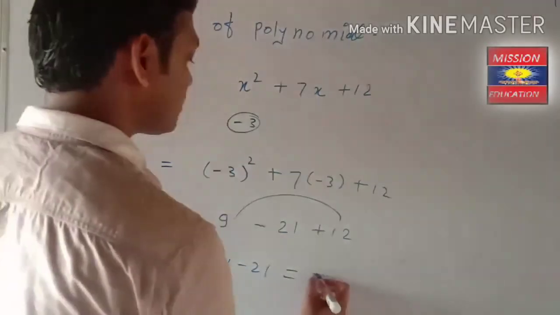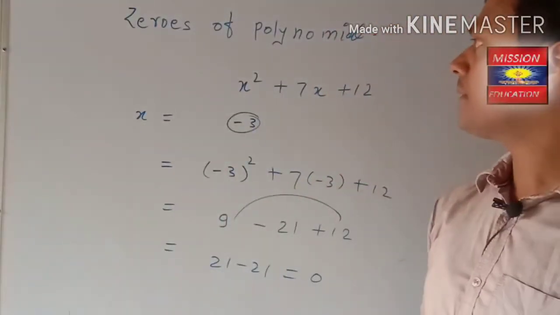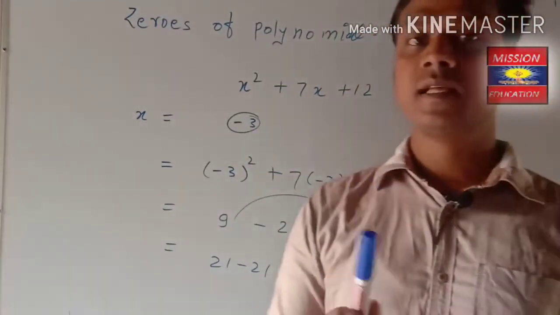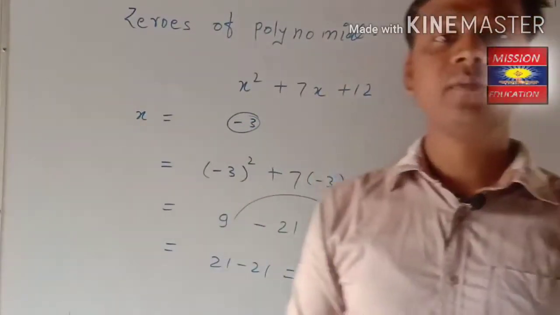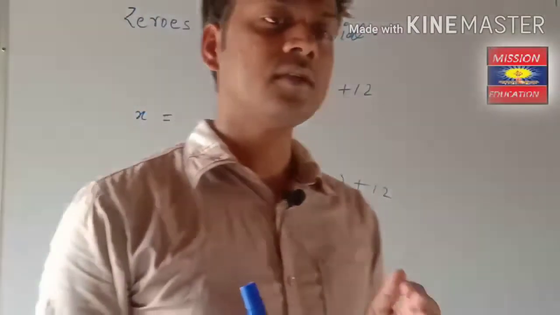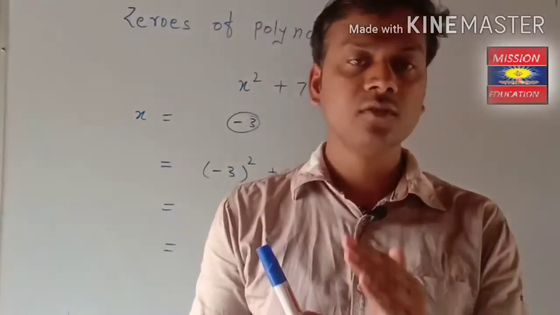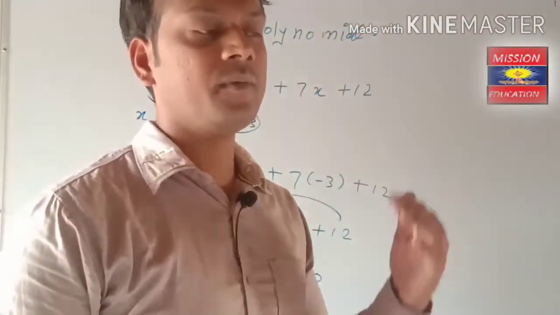So 21 minus 21 equal to 0. So minus 3 is a zero of the polynomial. Means that minus 3 satisfies the given equation. So always remember, in zeros of a polynomial, a given equation is converted into 0. So that is a zero of the given polynomial.